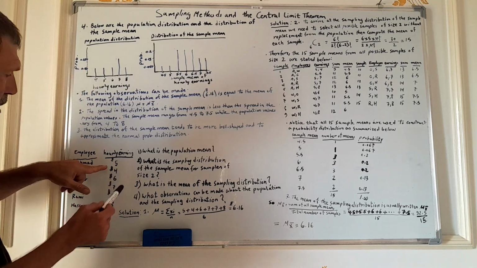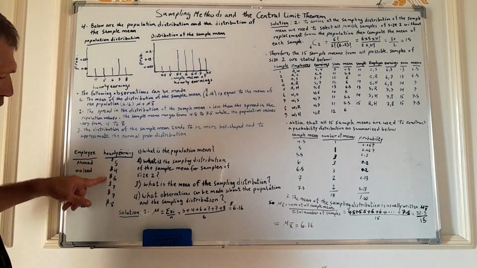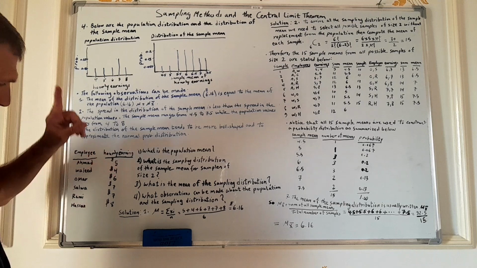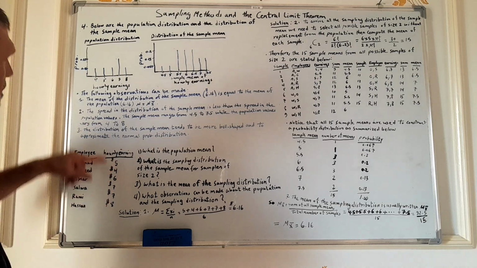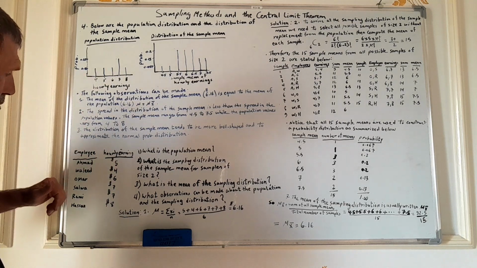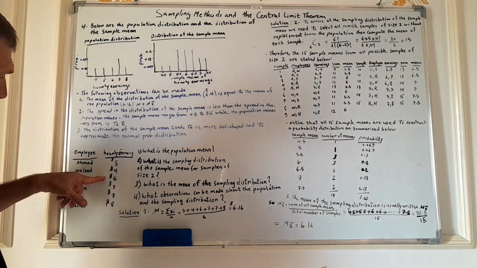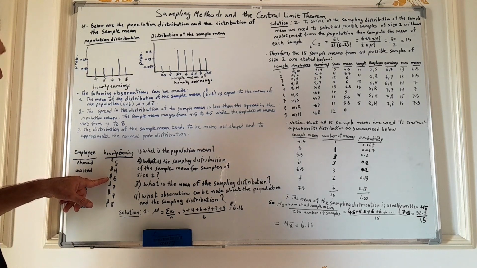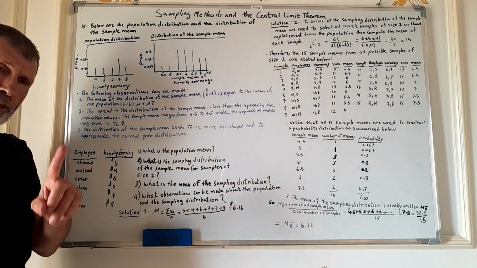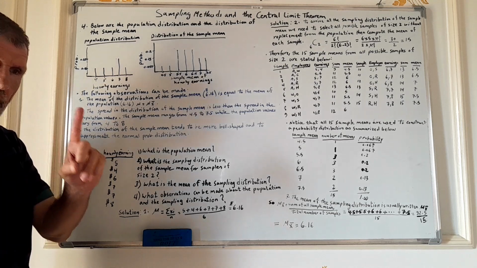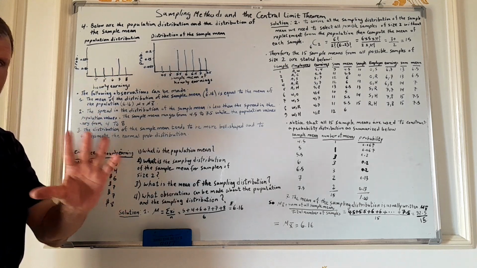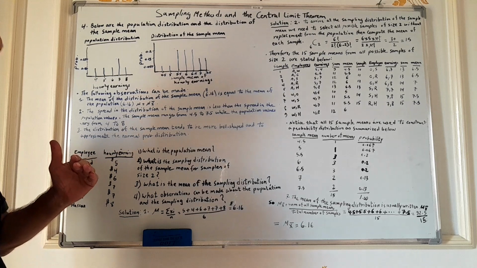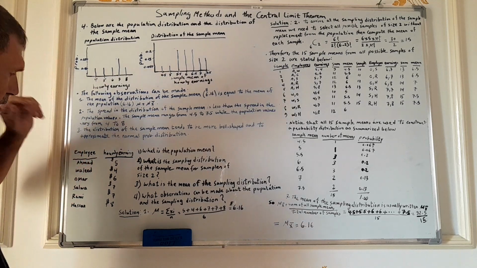Same thing for how many individuals earn $4? Only 1. 1 out of 6 is 0.16. Now, the same thing for 6. We have only 1 person who earns $6. 1 out of 6, so the probability is going to be 0.16.